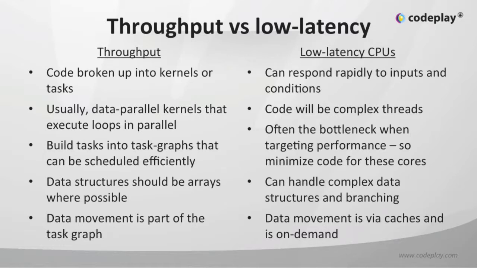So what you want to do on a throughput core is build tasks into task graphs, so graphs of things that are going to be executed, and you say, right, this is going to execute, and it's going to create outputs that go to this thing, and it's going to create outputs going to this thing, and this task can be run independently. There are other approaches, things like futures and various stuff.